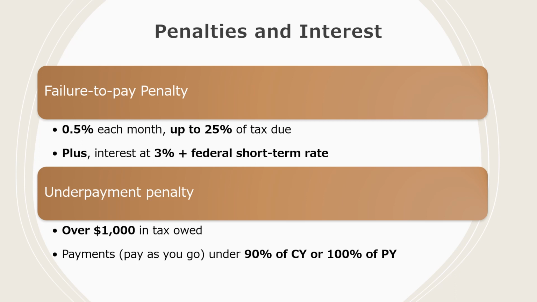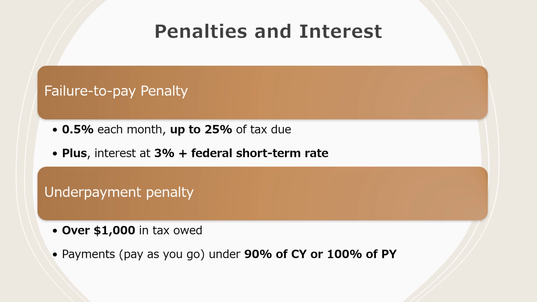That's helpful because if our taxpayers had a surprise source of income and didn't quite withhold enough for the current year, as long as they withheld 100% of the prior year, then they won't get this penalty.